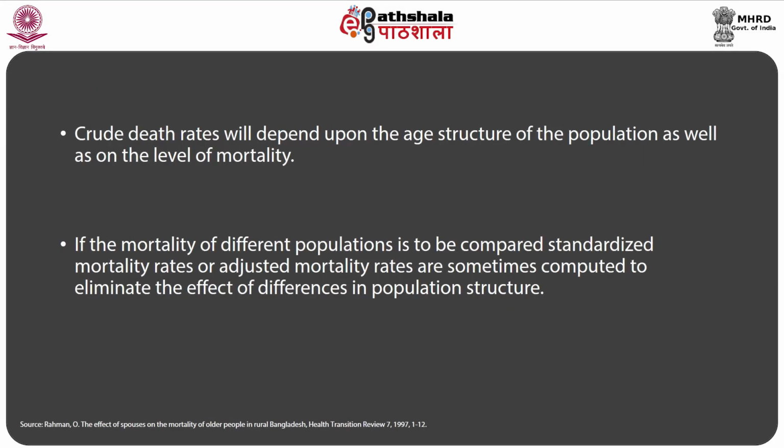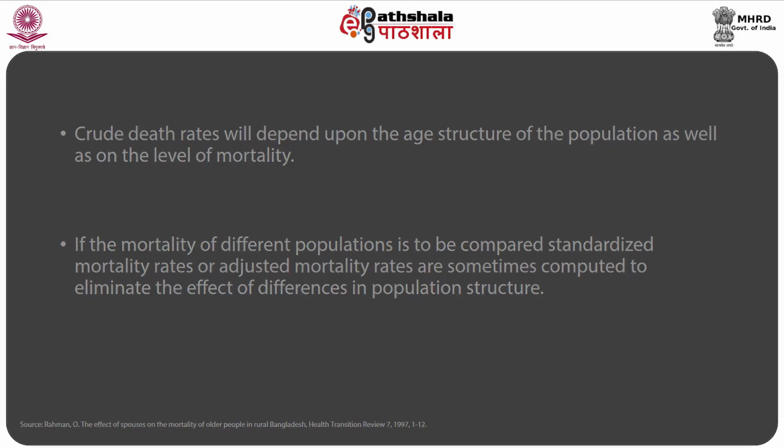Crude death rate will depend upon the age structure of the population as well as on the level of mortality. If the mortality of different populations is to be compared, standardized mortality rates or adjusted mortality rates are sometimes computed to eliminate the effect of difference in population structure.